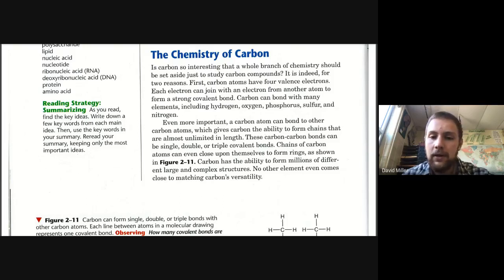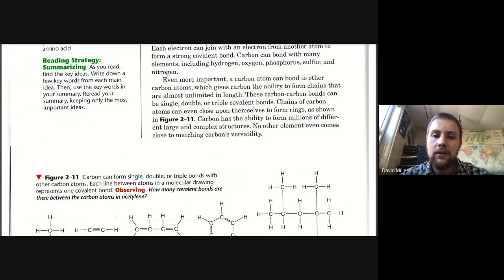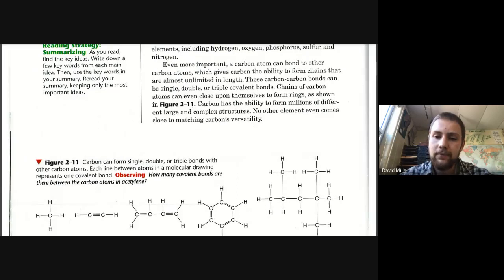Even more important, a carbon atom can bond to other carbon atoms, which gives carbon the ability to form chains that are almost unlimited in length. These carbon-carbon bonds can be single, double, or triple covalent bonds. Chains of carbon atoms can even close upon themselves to form rings, as shown in figure 2.11.